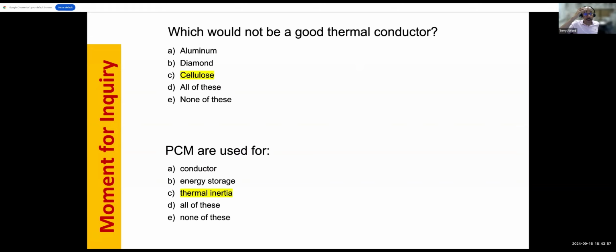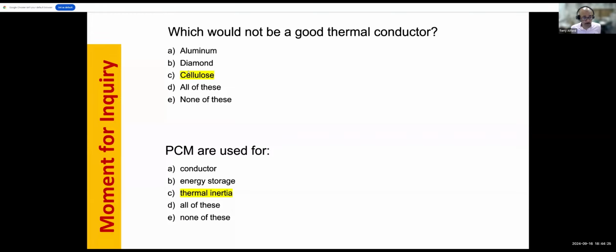Okay, which would not be a good thermal conductor? Aluminum is a metal, a very good electrical conductor, so that tells you it's going to be a good thermal conductor. Diamond is not a good electrical conductor, but because of phonon conduction, it is the best bulk thermal conductor.